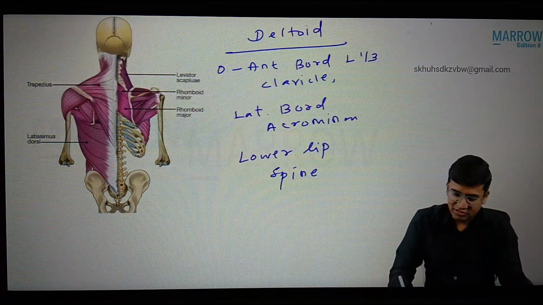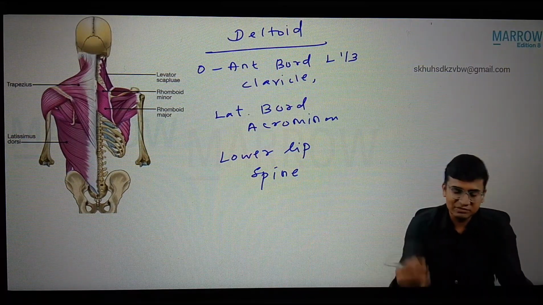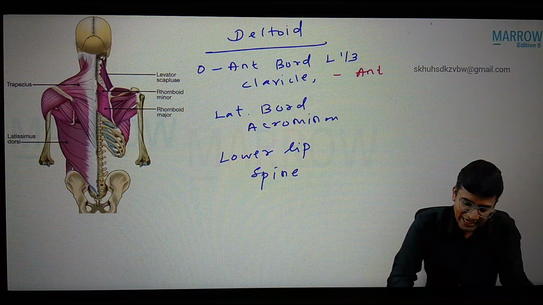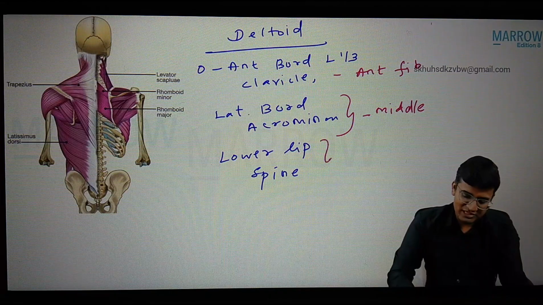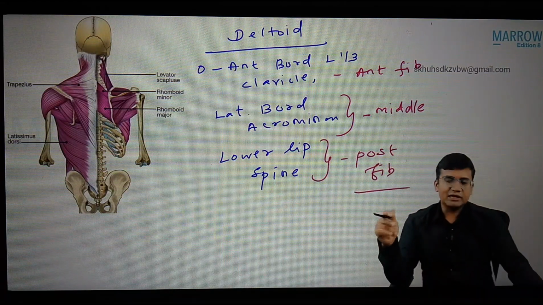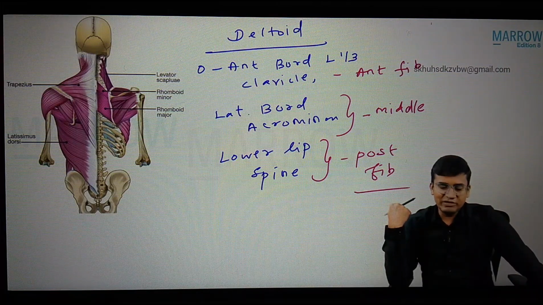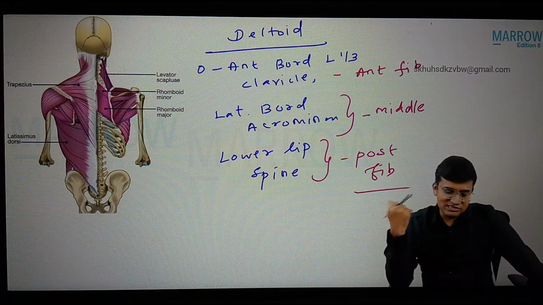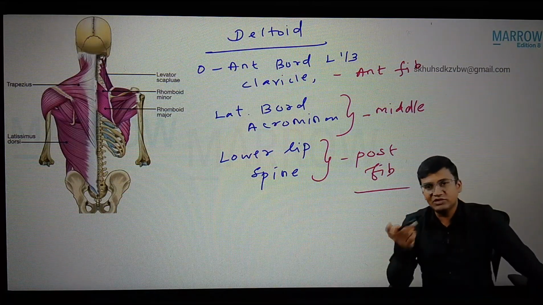So deltoid muscle originates from these three bones. The fibers arising from the clavicle are anterior fibers, from the acromion middle fibers, and from the spine of the scapula posterior fibers.